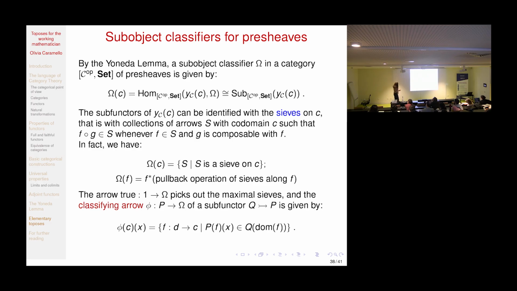So in such a situation, what is an object of this category? Well, it is a pair of sets, x0, x1, and if we call this arrow p, this will be x of p, in the other direction.